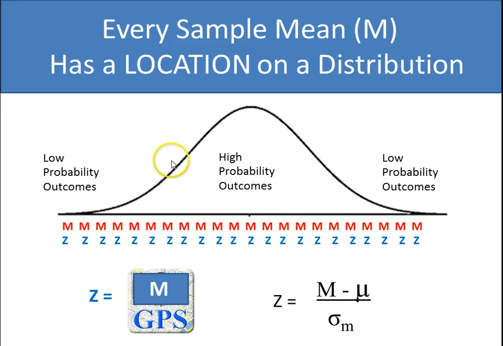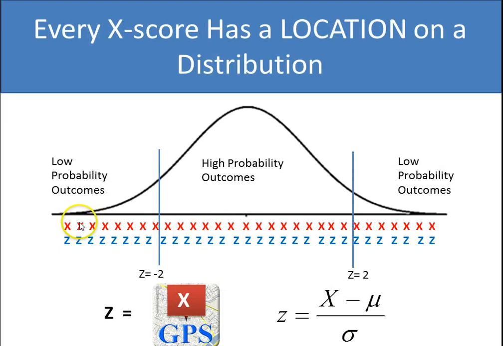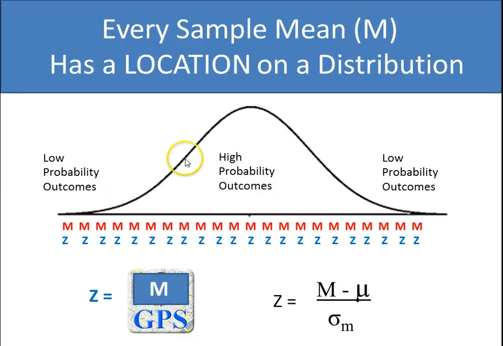This distribution is a distribution of sample means rather than a distribution of single x-scores, as we worked with in the last unit. Now we are working with the distribution of sample means, and just like the x-scores, every sample mean also has a location on a distribution.